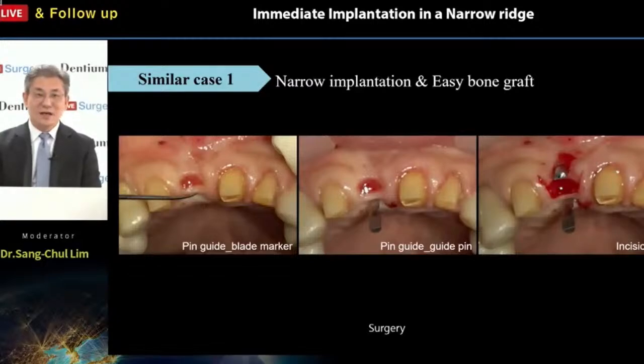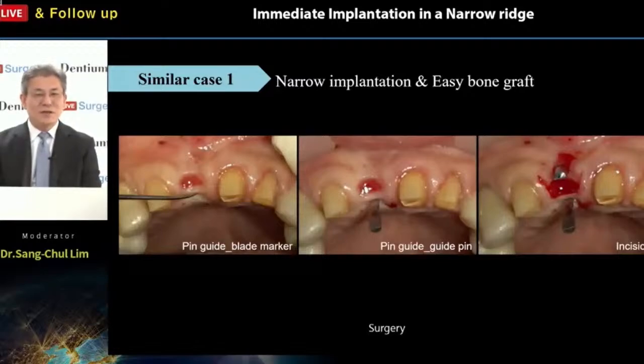It's actually a delayed approach situation. So when we do this implantation, we can use the pin guide system. The pin guide system is a unique invention for flapless surgery. When we have a flapless surgery, the first difficult thing to solve is bone morphology, right?